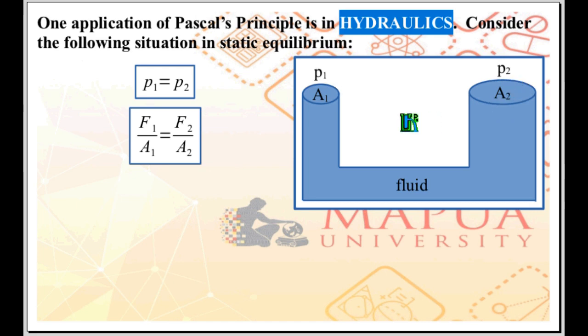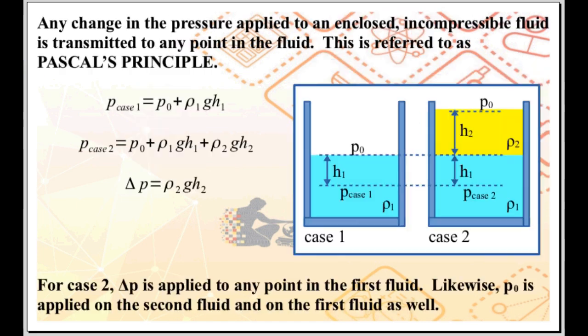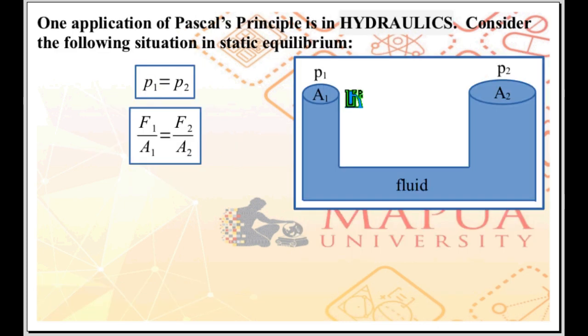Pascal's principle tells us that any pressure applied to an enclosed, incompressible fluid is transmitted to any point in the fluid. So if, say, we start looking at this location, pressure P1 is applied on the fluid at this point.